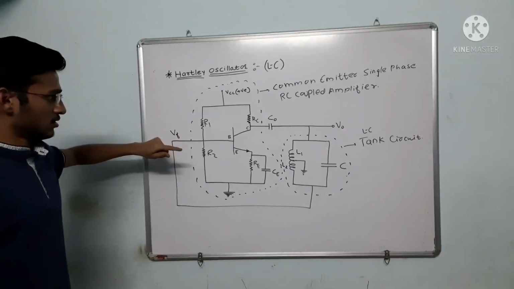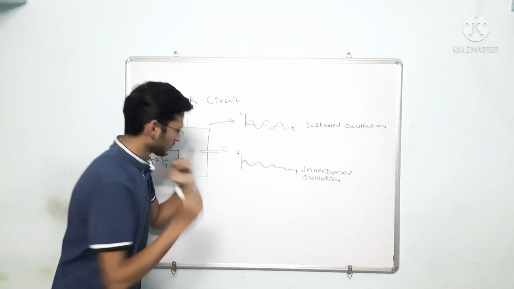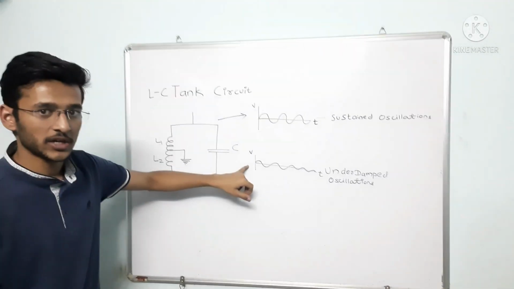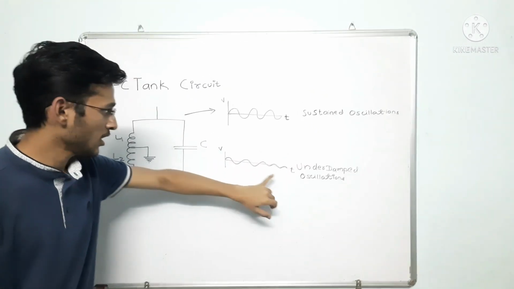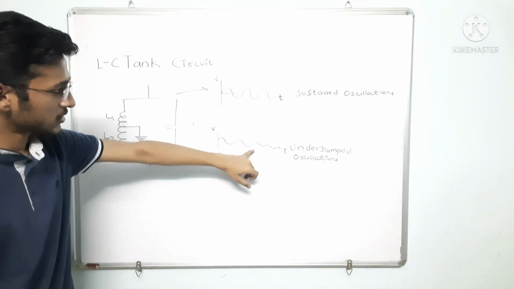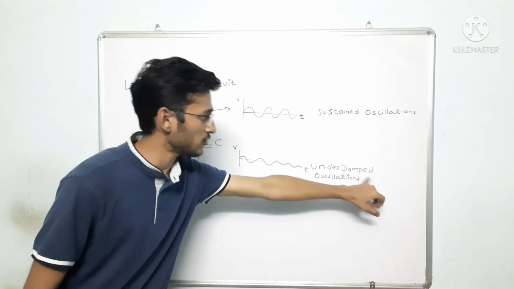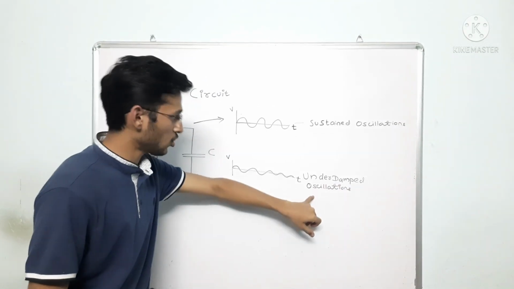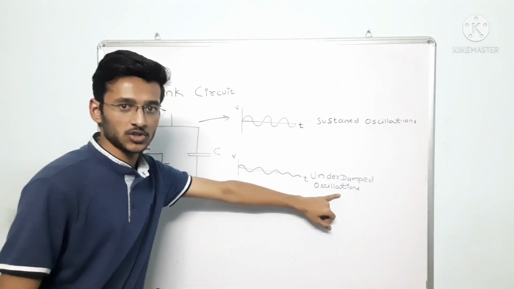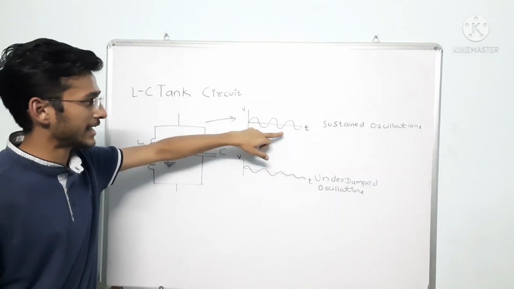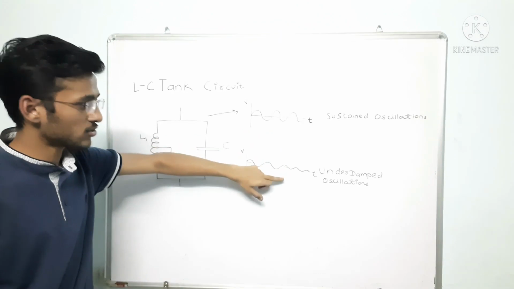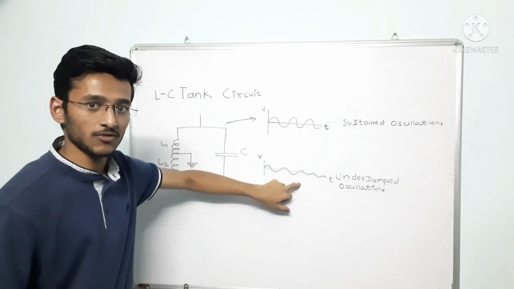After some time, as the voltage goes on decreasing and time goes on increasing, we get some changes in the graph, and due to this the graph goes under the condition of underdamped oscillations. So to get these underdamped oscillations again in the form of sustained oscillations, we need to apply some extra voltage.